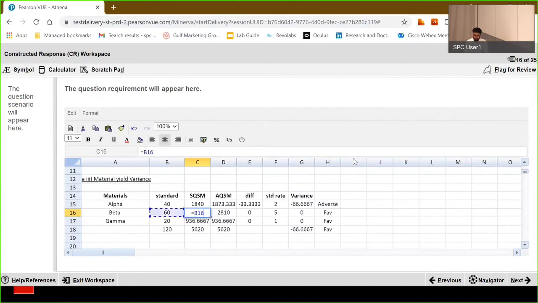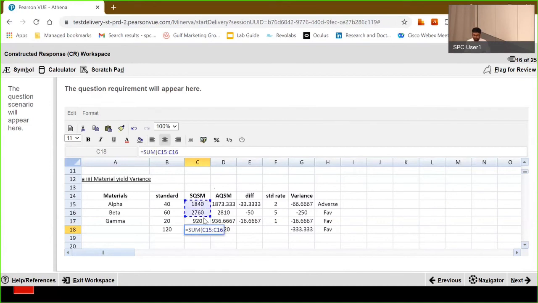Similarly, 60 kgs are for 100 kg, so divide it, multiply by the actual production 4600. And lastly, 20 kgs are needed for 100 kg of the product, multiply by the actual production. So every time what we are doing is taking the standard quantity and multiplying with the actual production, because this standard quantity is not for 1 unit, it is for 100 kgs. Therefore, I divided by 100 and then multiplied by the actual production.